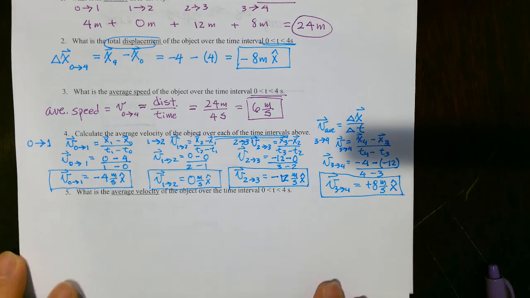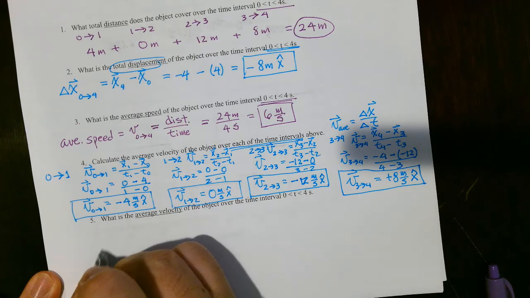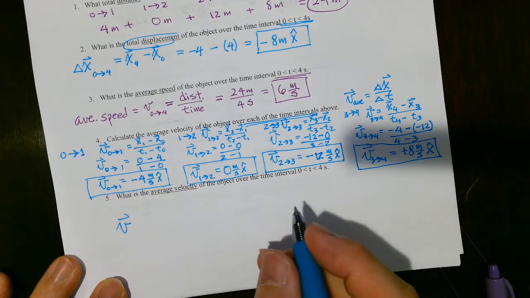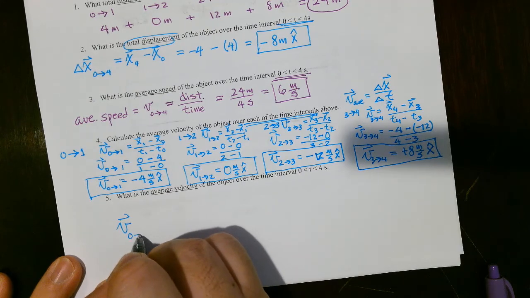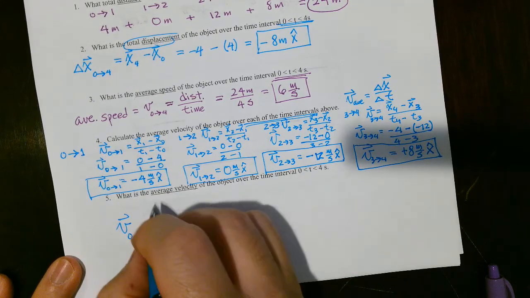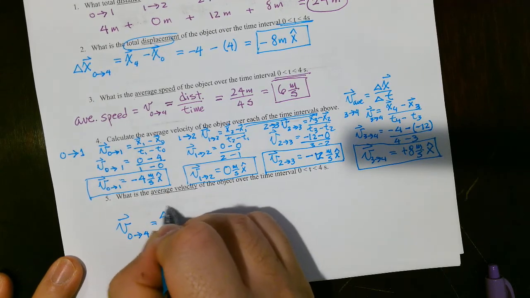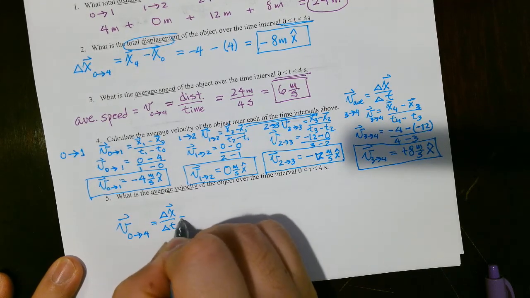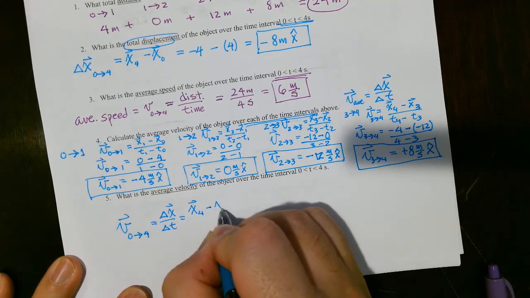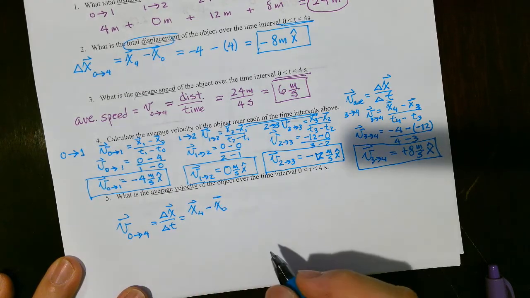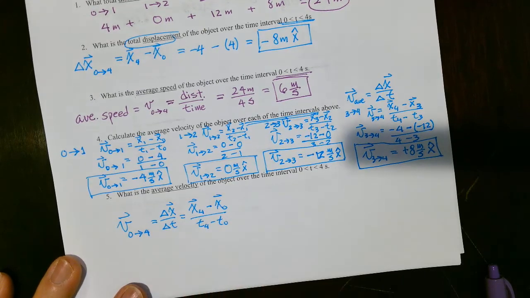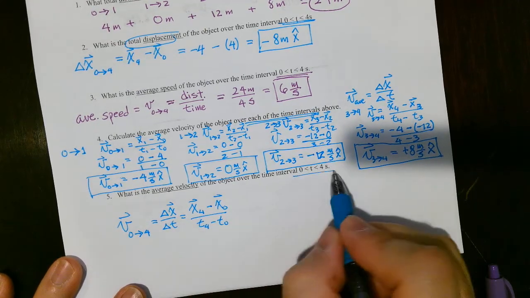Now they want us to find the average velocity of the total trip from 0 to 4 seconds. So from 0 to 4 seconds, my average velocity is really nothing more than delta x over delta t. But delta x is x4 minus x0 this time, over t4 minus t0, because you are looking at the total time interval right here.